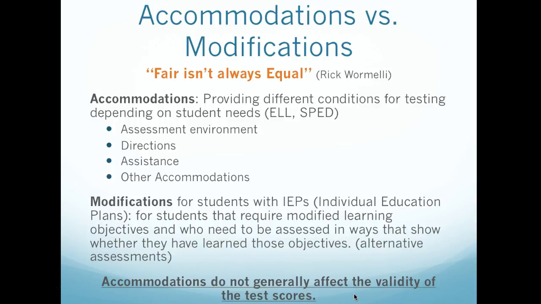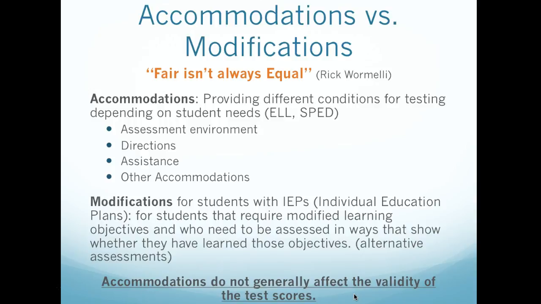They may get to use a dictionary for their math. They may get to use a ruler. In math, an accommodation is using a ruler or a protractor and so forth. Things that are pretty obvious and relatively superficial, but that assist a person based on a particular category that they fit in. Modifications go deeper, and they're usually reserved for students that are receiving special education services. And modifications are different.